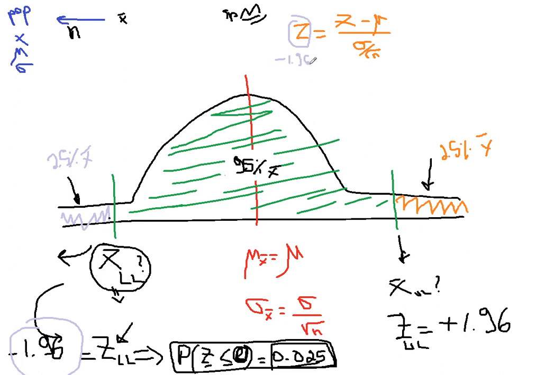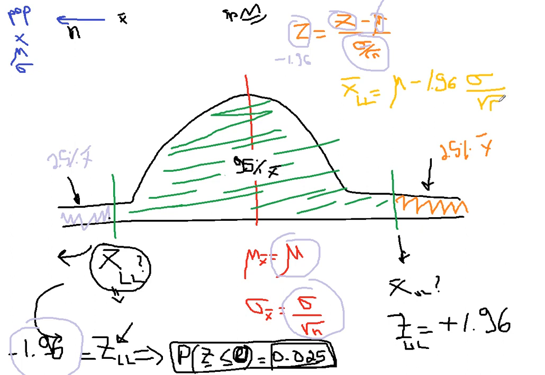And mu, I'm just going to leave it as mu, and sigma over root n, I'm just going to leave it. So I'm going to rearrange all of this to get the X bar, and by doing the rearrangement you will quickly find out that X bar lower limit is equal to mu minus 1.96 sigma over root n.